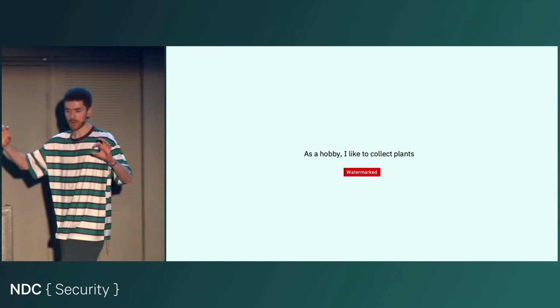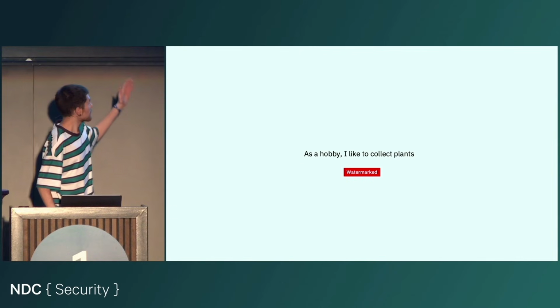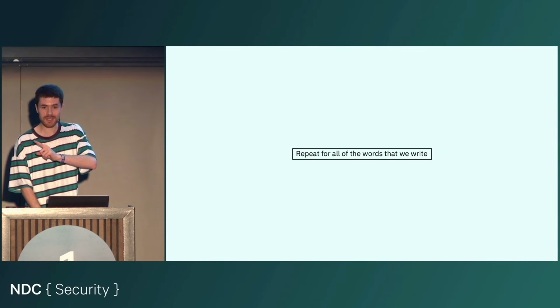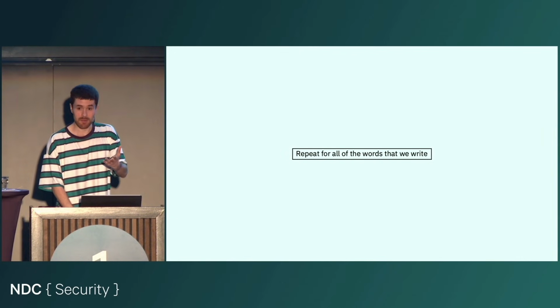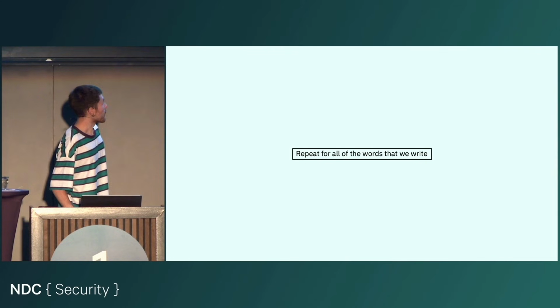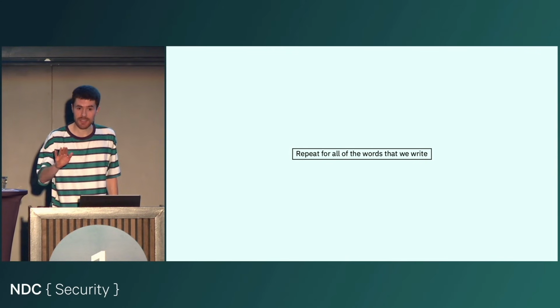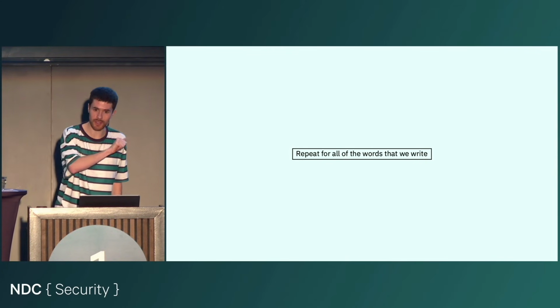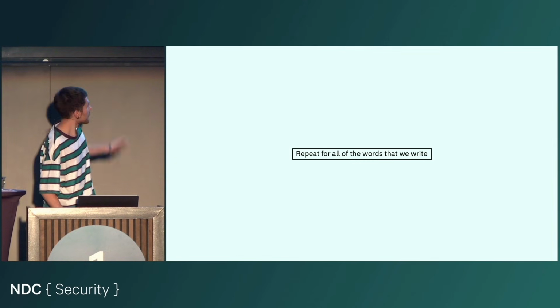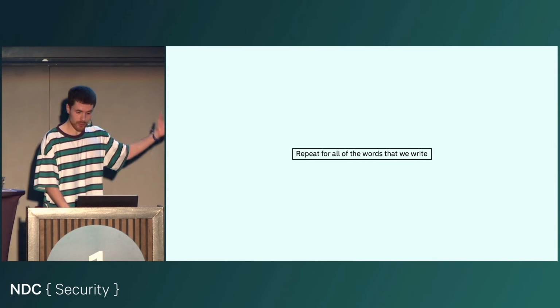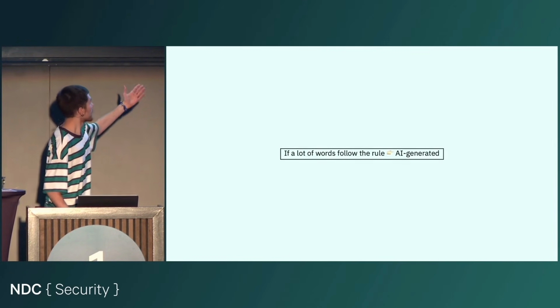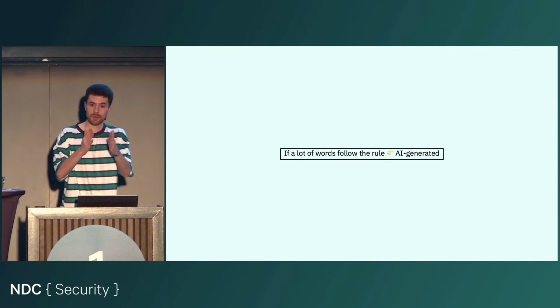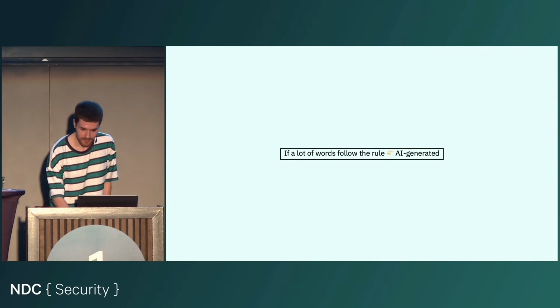It would always follow this rule. So that's a very simple, but also statistically very efficient and really reliable way to detect if a text has been generated. Watermarks are really good. Now, the idea is that we repeat that for all of the words. Again, if a lot of words follow this rule, it's AI generated.